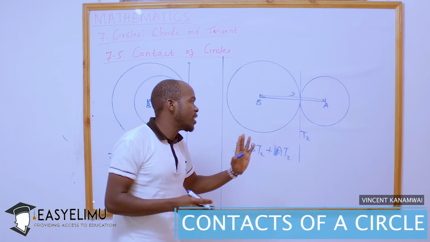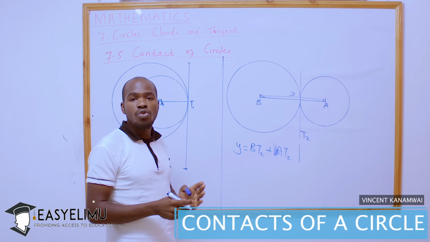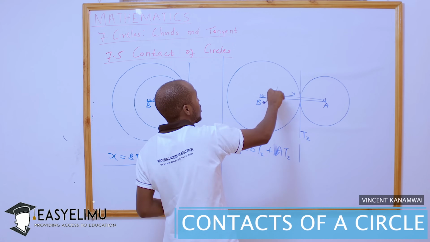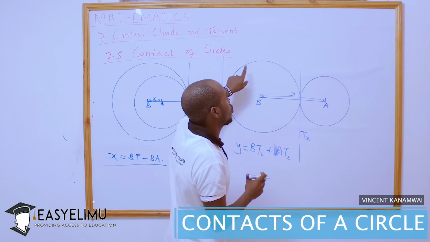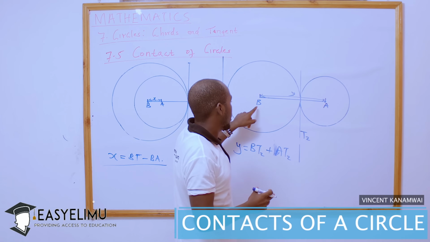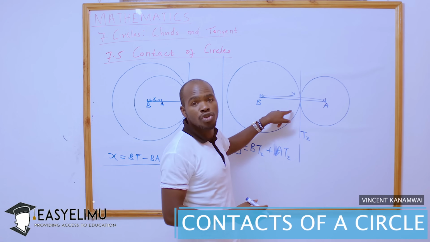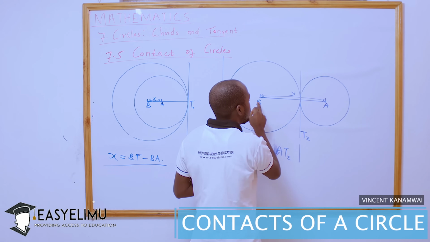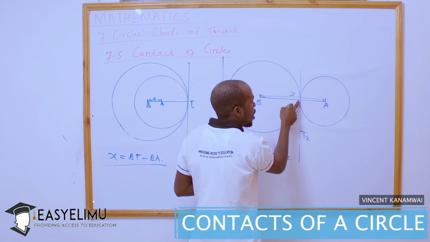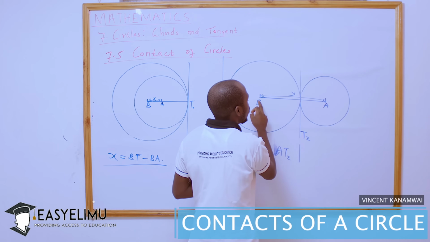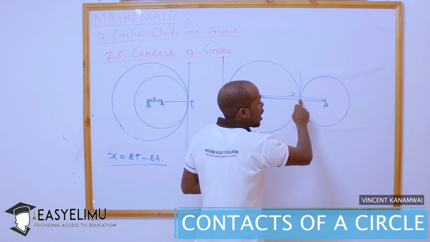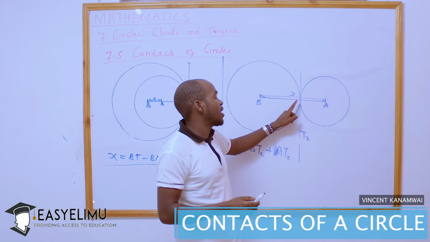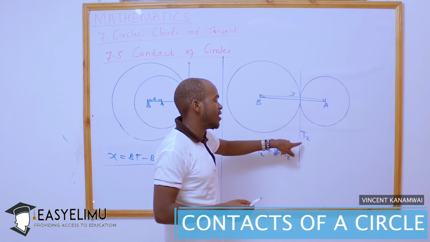Having this information, you can construct, if you have been given the measure of this one. You will first construct a circle of radius BT2. After constructing that circle, produce BT, whereby you don't know what BT is, so produce that BT outside with the same length, then construct a perpendicular bisector to that line, and you will find this tangent T2.